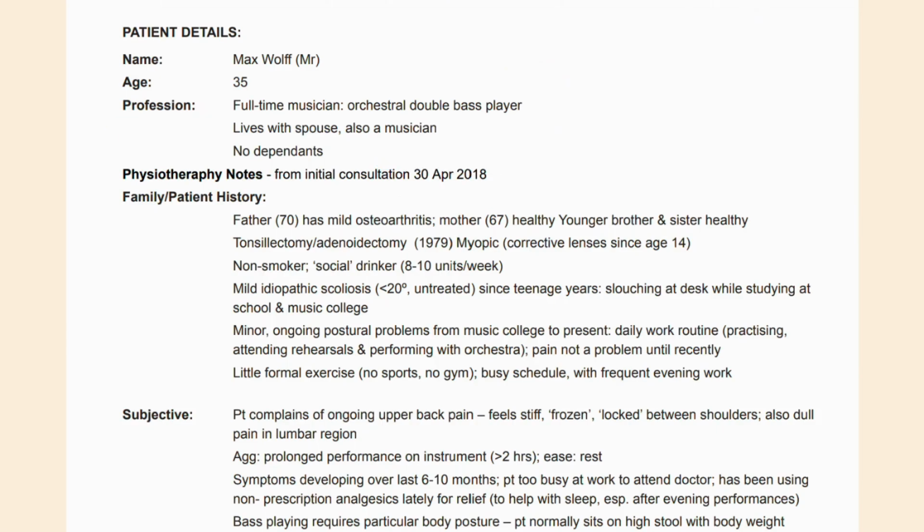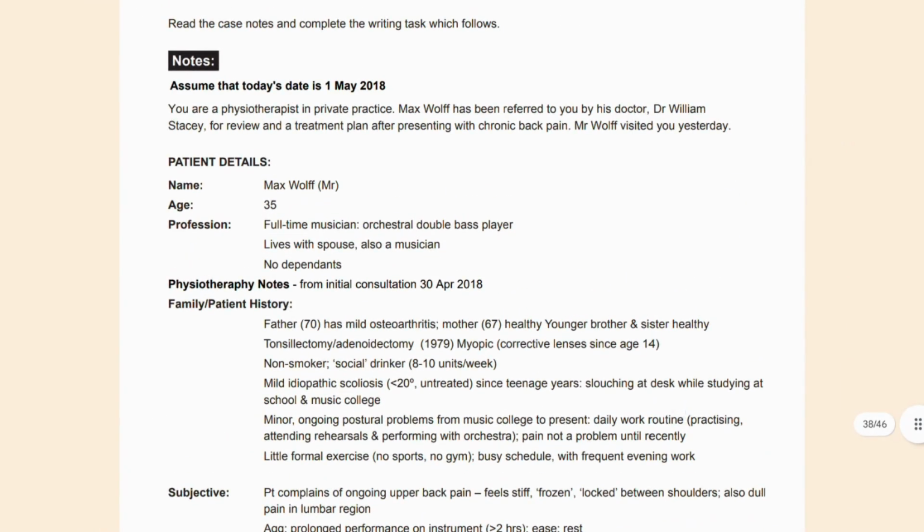Today's date is May 1st, and the initial consultation date was 30 April 2018. Now, family history. As I mentioned regarding the profession, same thing. Regarding the family history, we don't need to include it in this letter because all the family history and patient history is known to the doctor. So we don't need to repeat it again.